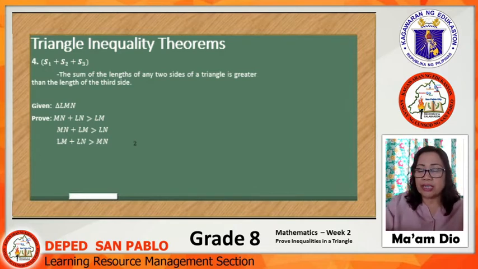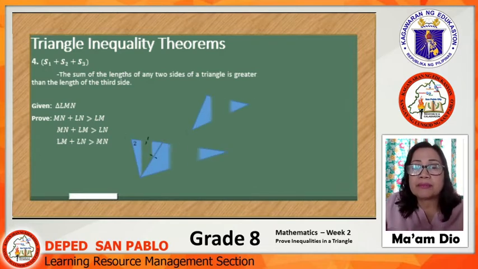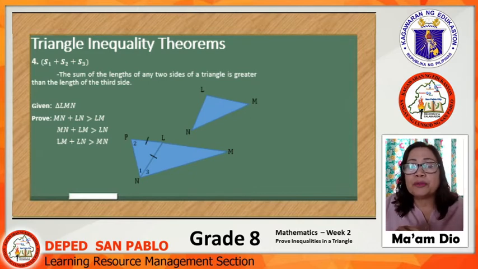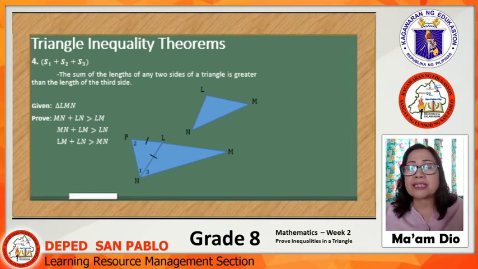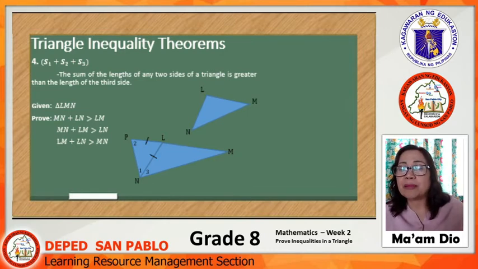We are given triangle LMN. We are to prove that the sum of the two sides is greater than the third side. MN plus LN is greater than LM, or MN plus LM is greater than LN, or LM plus LN is greater than MN.